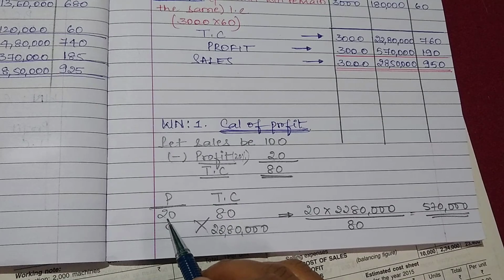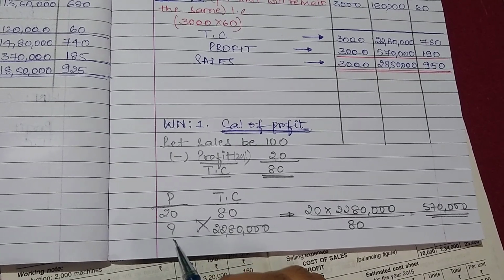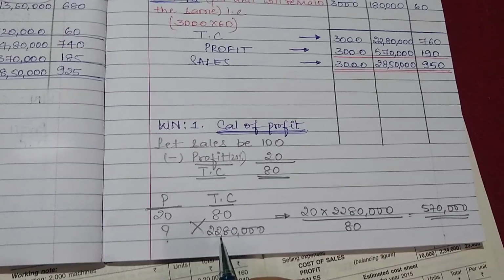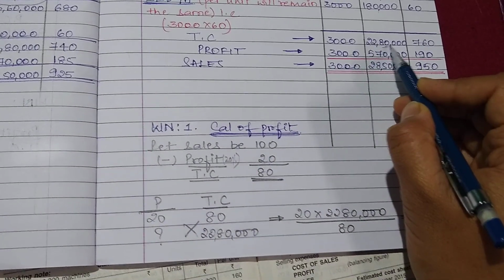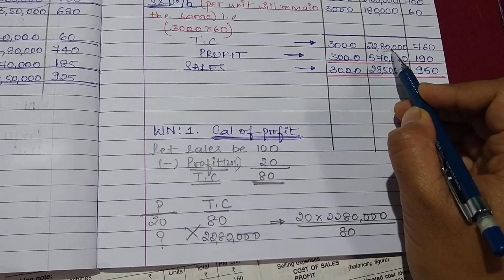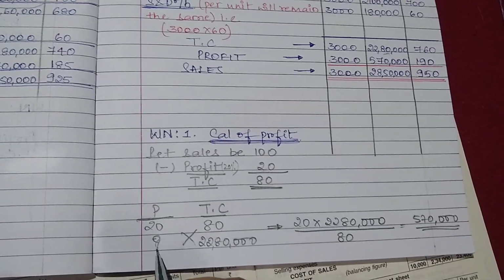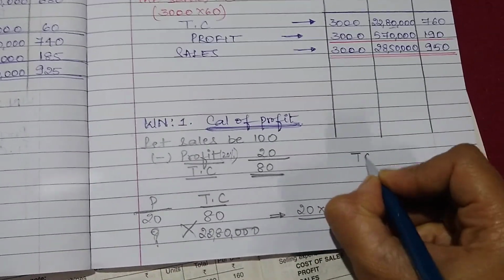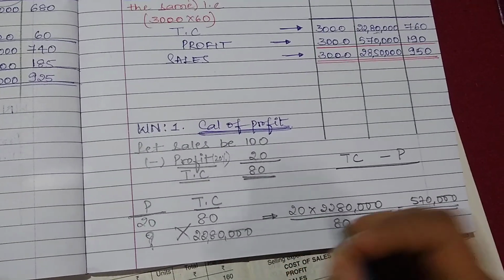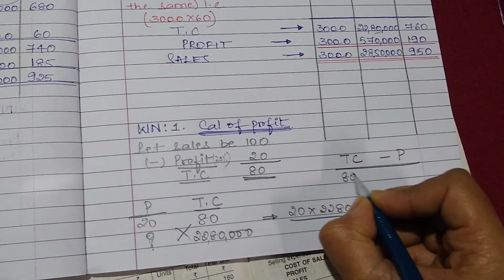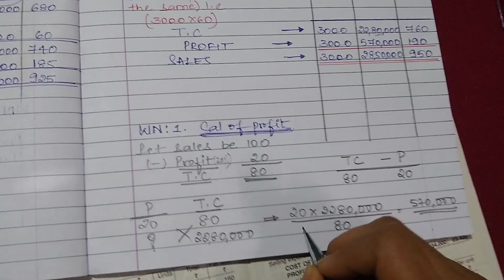Now we do not know what the profit is, but your total cost is 22,80,000. Let me repeat. You have to take your total cost and profit. When the total cost is 80 rupees, your profit is 20 rupees.